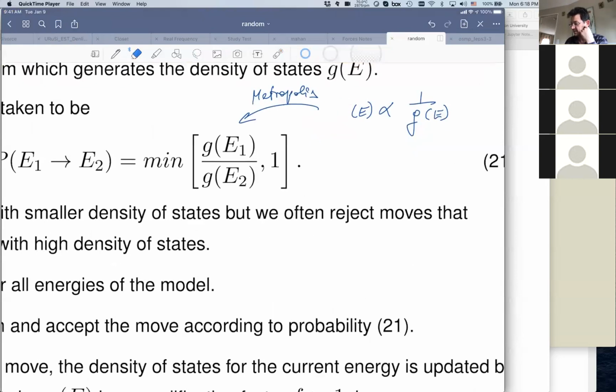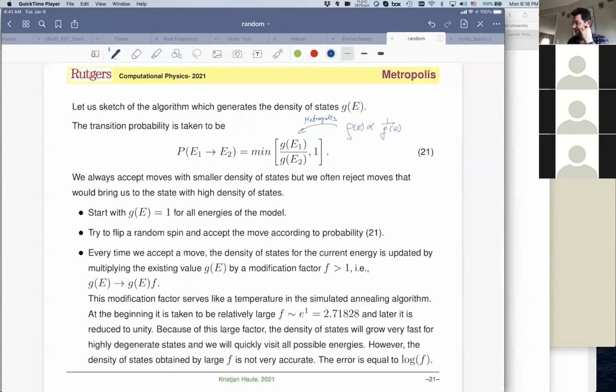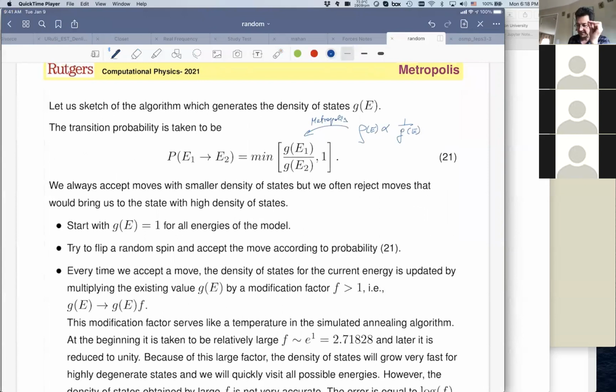Basically, in previous lectures, I think we called this rho. So if rho is 1 over g(E), then, provided that the trial step probability is symmetric, so we remove the trial step probability, we know that the transition probability from a state with energy E1 to another state with energy E2 is just the ratio of the two rhos. Therefore the acceptance probability is going to be the many-body density of states of the old configuration divided by that of the new configuration, or 1 if the ratio is bigger than 1.